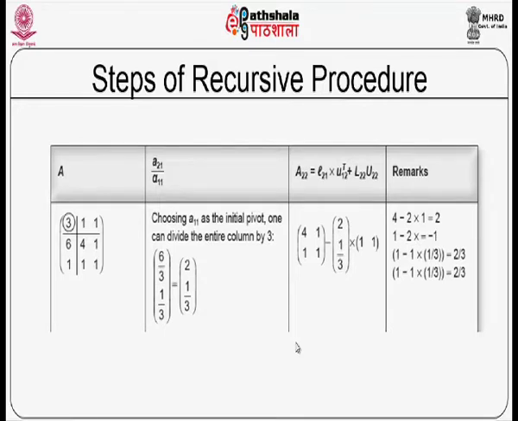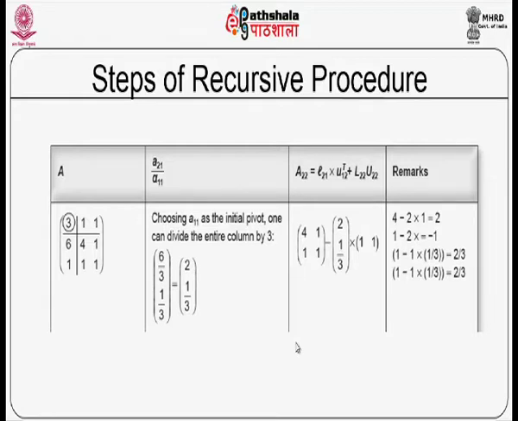Now you can see exactly what is being done here. 3 is going to be the pivotal element, which is illustrated in the second column of the table, where A11 is chosen as the initial pivot, and the entire column is divided by 3. So, 6 is divided by 3 to give 2, and 1 is divided by 3 to give 1 by 3.